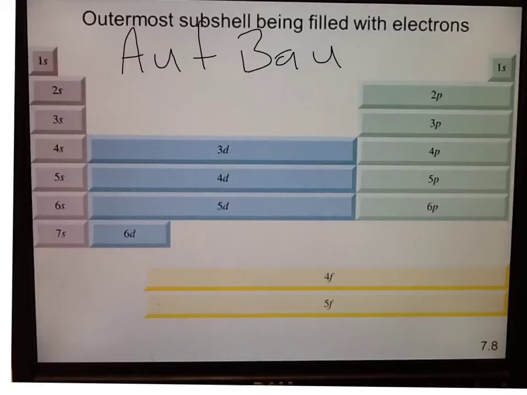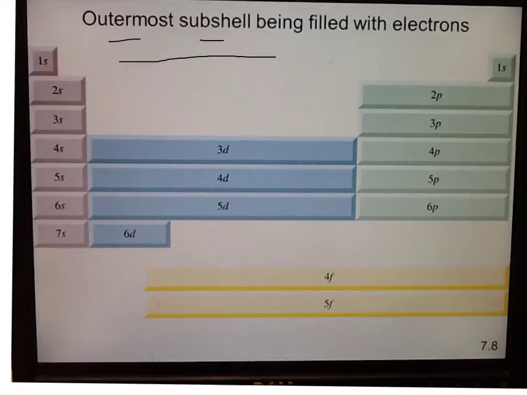So, what we have here, my friends, is a representation of the periodic table as it corresponds to electron configuration, in particular the filling up of the outermost subshell for a particular element. We can see that as we start with hydrogen on the left and go across the periodic table, it really basically follows the Aufbau.